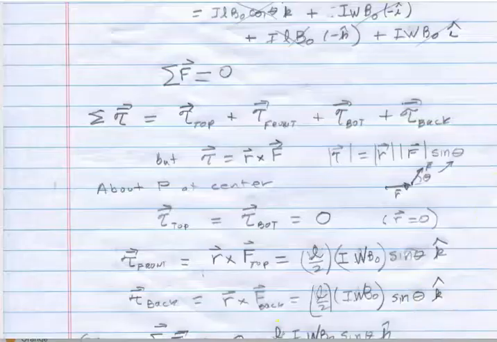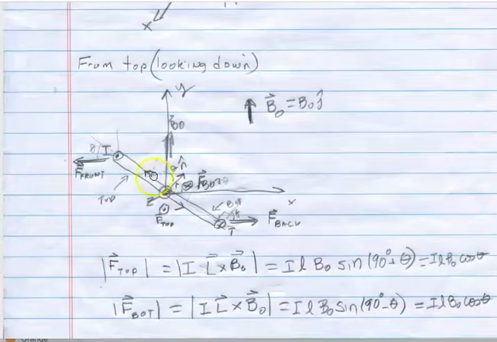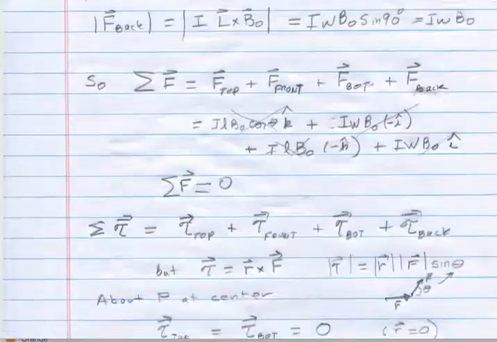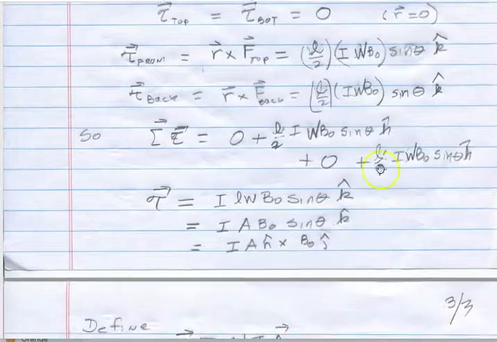Remember, a torque in this direction, that tends to rotate things about the z-axis, is considered a positive torque in the z direction, and so both of these are in the z direction, and they are identical expressions, which we can write like this. I've got L over 2, L over 2, so summing those just gets L. It's in the k hat.